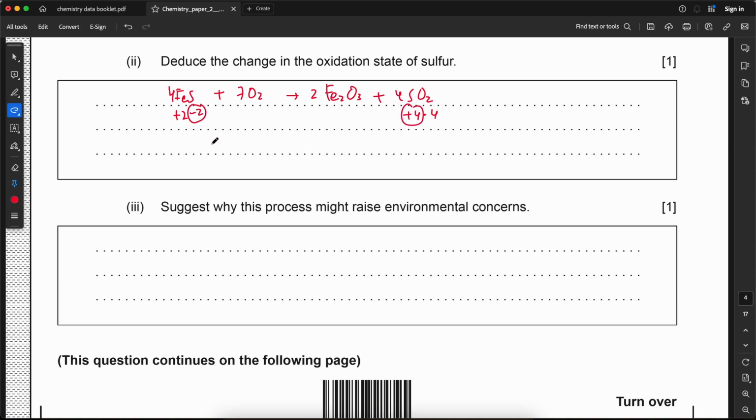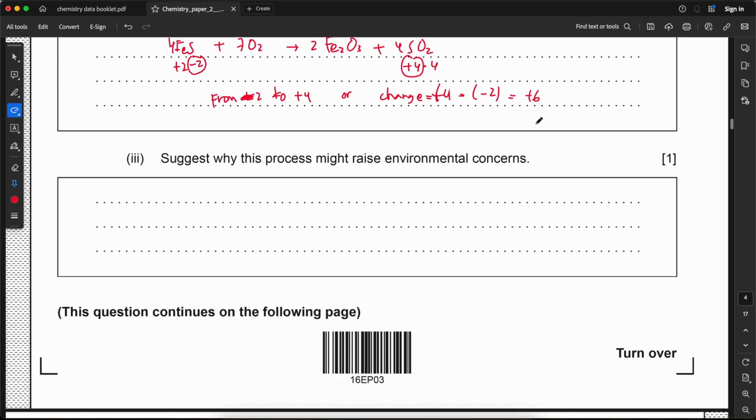So from -2 to +4, or the change will be +4 minus -2, so +6.